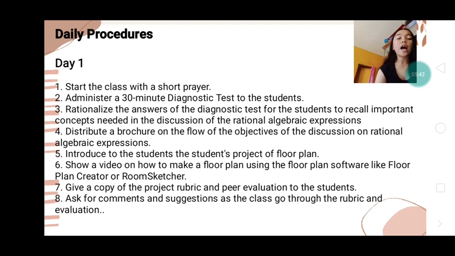Then show a video on how to make a floor plan using floor plan software like Floor Plan Creator or Room Sketcher. Then, give a copy of the project rubric and peer evaluation to the students. The last one, ask for comments and suggestions as the class goes through the rubric and evaluation.